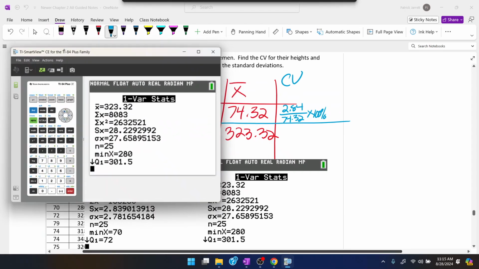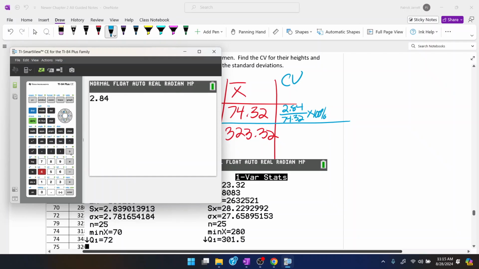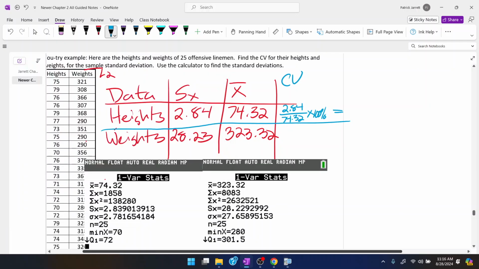Multiplying by 100 just gets us a percentage, which is 3.82%. Not bad.